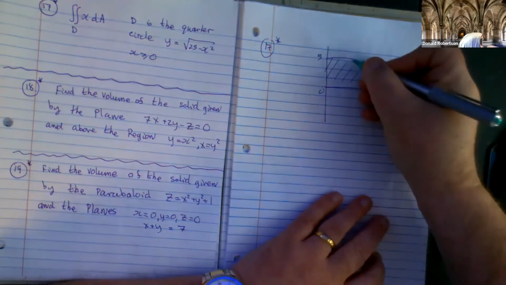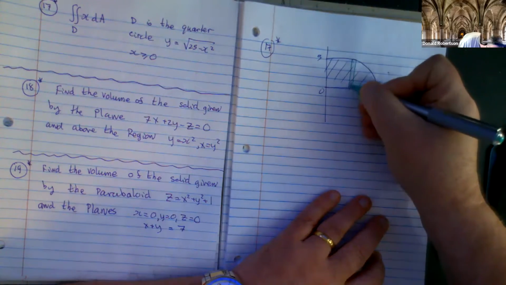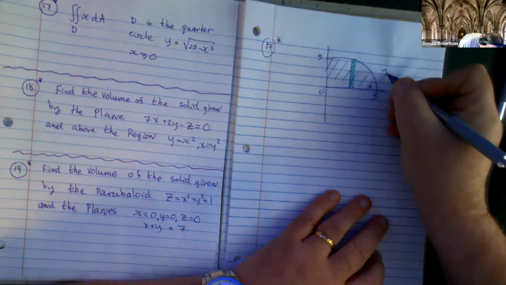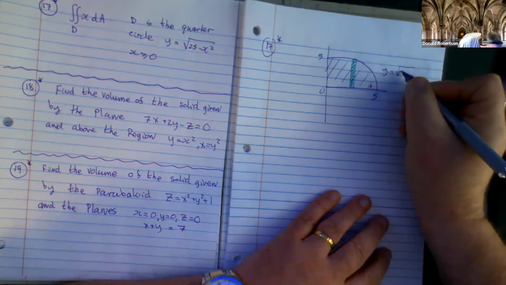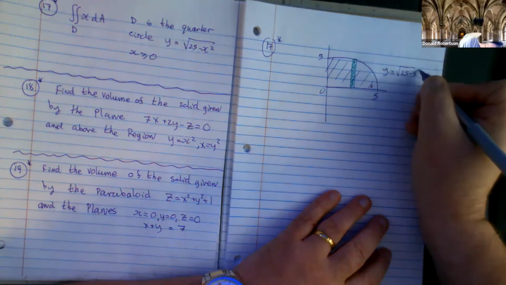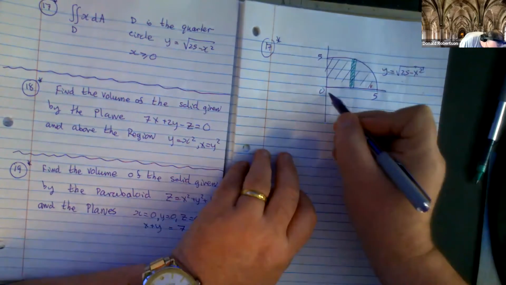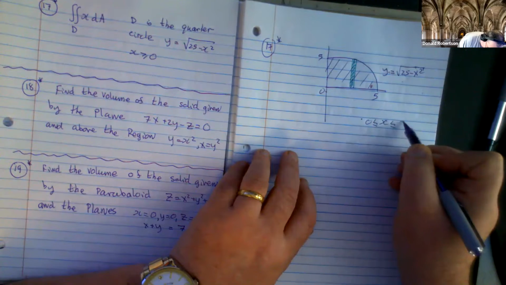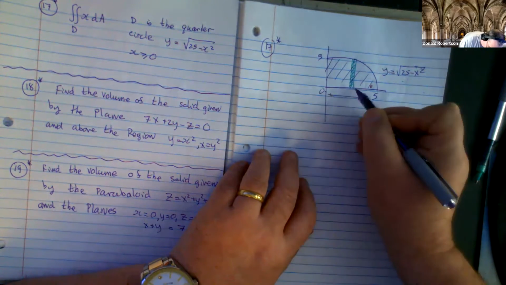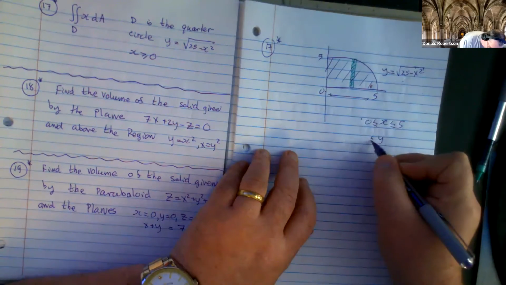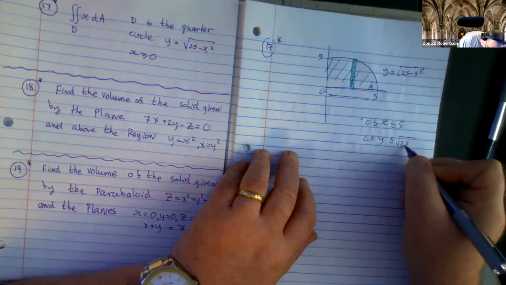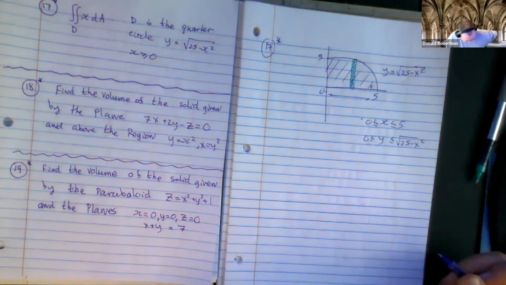This one here, I'm going to go straight into doing vertical rectangles. So if I do vertical rectangles, the curve is going to be that guy. And so x is going to go from 0 to 5, and y is going to be from 0 to an ugly square root.